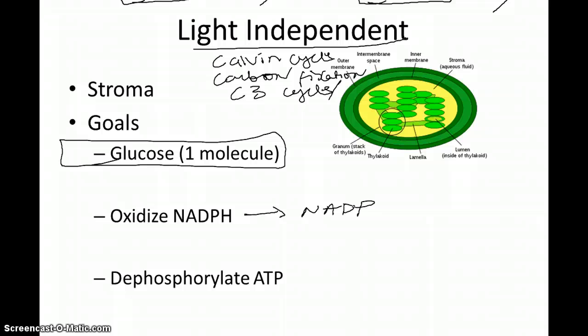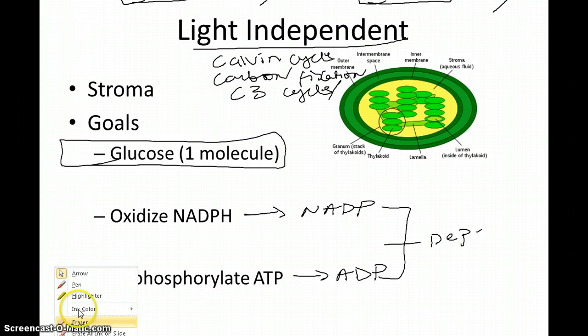And to dephosphorylate the ATP, or convert ATP to ADP, for the same reason, to reuse in the light-dependent reaction.